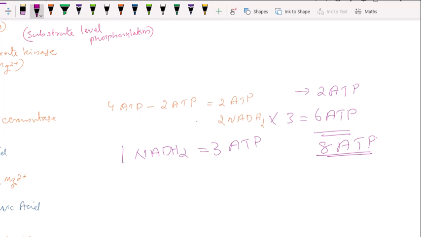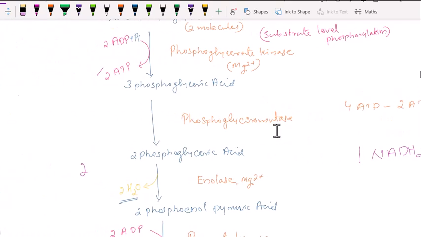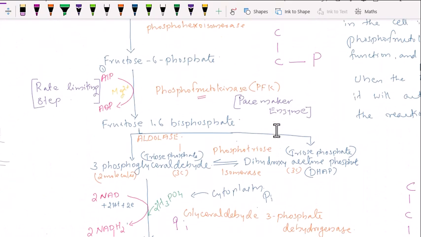The direct net gain is 2 ATP, and 2 NADH2 molecules are also produced. These 2 NADH2 can carry energy equal to 6 ATP. So the total energy obtained is 8 ATP, that means 2 ATP and 2 NADH2. That is the overall process.